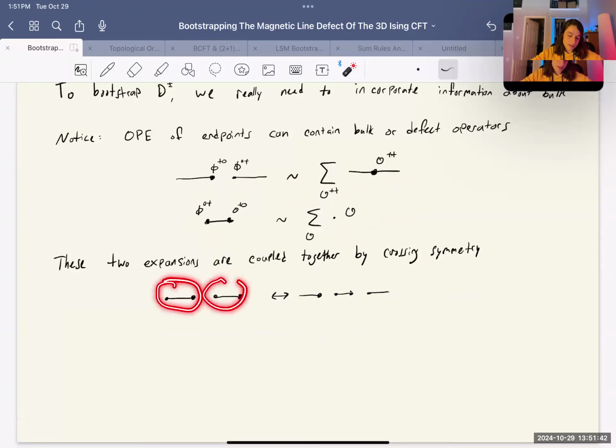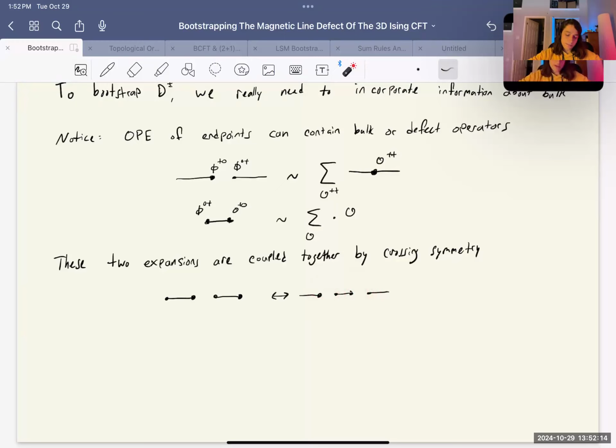So if I consider this channel where I would take the OPE of here and here, then I would have an expansion into conformal blocks where the internal exchanged operators are bulk. But if I were to do the expansions here and here instead, which is related by a crossing symmetry transformation, then I would be expanding into defect operators.